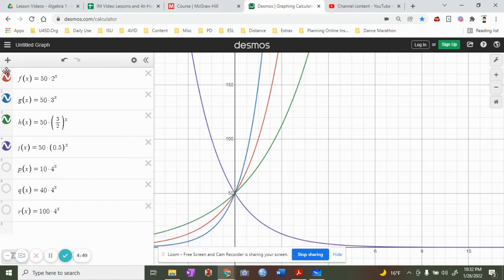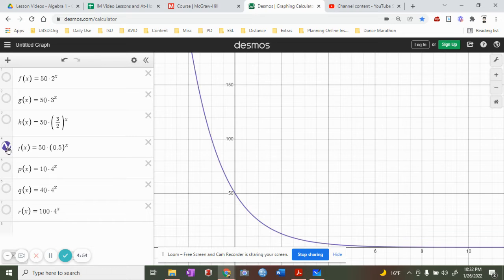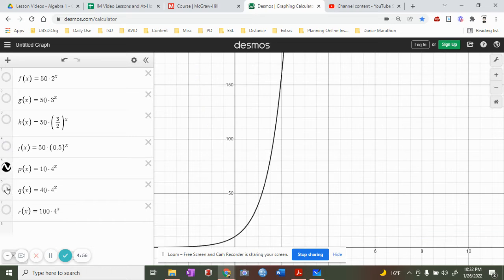So now let's take a look at what happens when we change the A value. So I have 3 functions here. We have 4 to the x in all three functions.